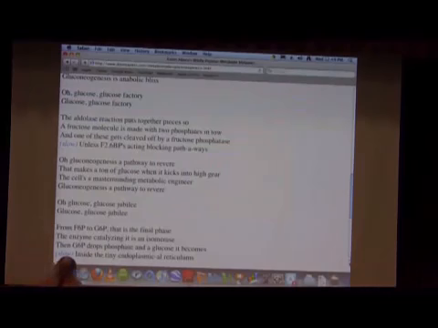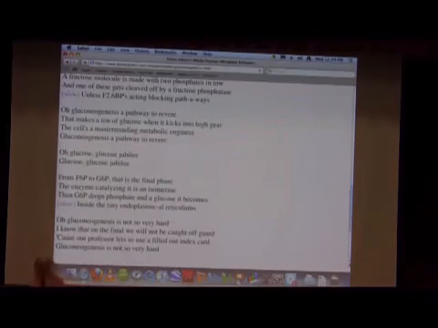The cell's a masterminding metabolic engineer. From F6P to G6P, this is the final phase. The enzyme catalyzing it is an isomerase. Then G6P drops phosphate and a glucose it becomes inside the tiny endoplasmic reticulums. Oh, gluconeogenesis is not so very hard. I know that on the final we will not be caught off guard, because our professor lets us use a filled out index card.